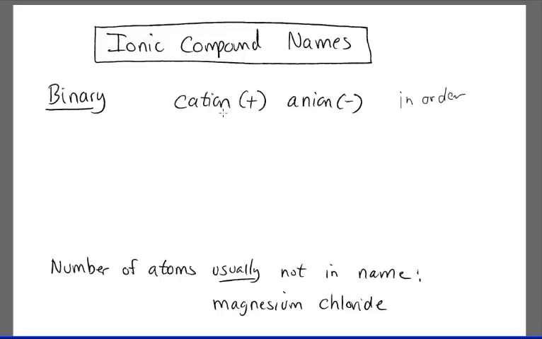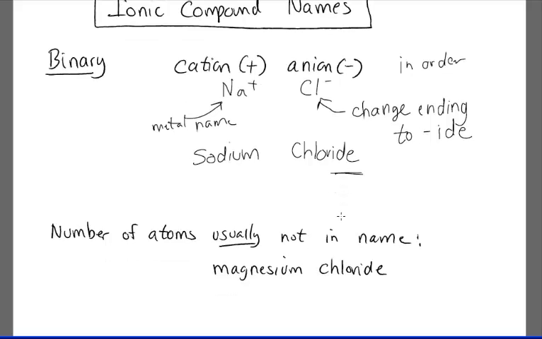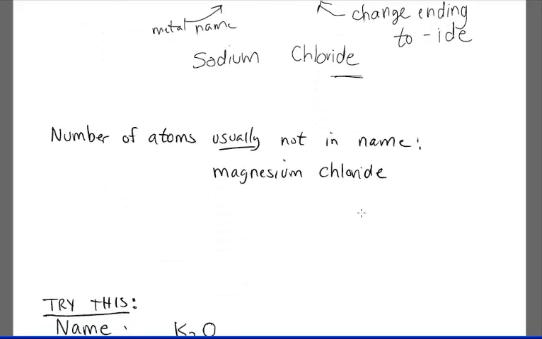For the example of sodium chloride, the cation is sodium, the anion is chloride, and when you name them, you simply name the metal, which is sodium, and then you name the anion by changing the ending to -ide. So instead of chlorine, it becomes chloride.